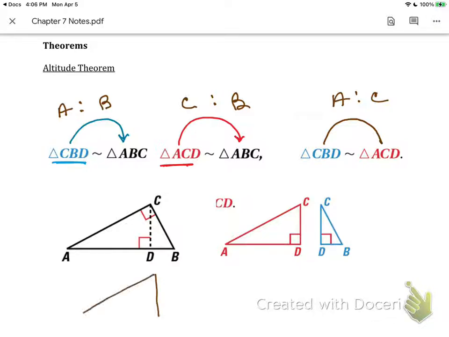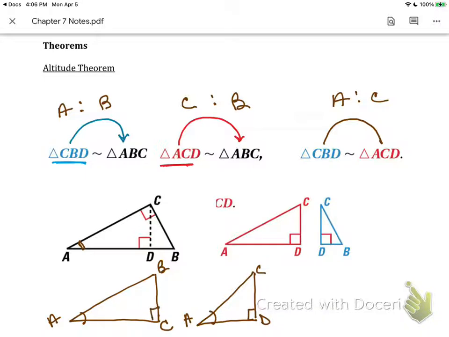So here's my big one, and what I see is that C is my right angle, and then I have B here and A here. Now look at the next triangle. I'm going to use the same orientation. Do you see how this A has to equal this A because it's the same angle right in here? And this is going to be C and D.